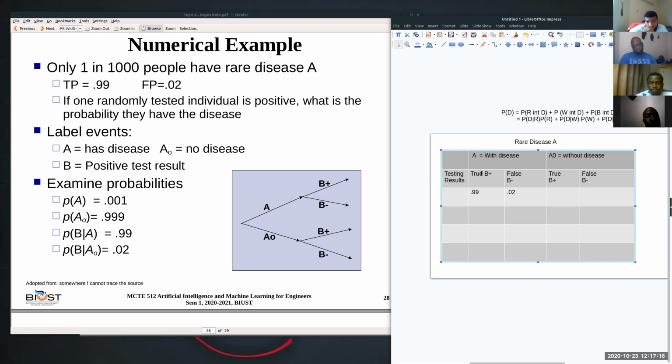Okay, so this true is actually positive, and this false is negative. And this one is positive, your test result is positive, and your test result here is negative. Okay, now it's more understandable.